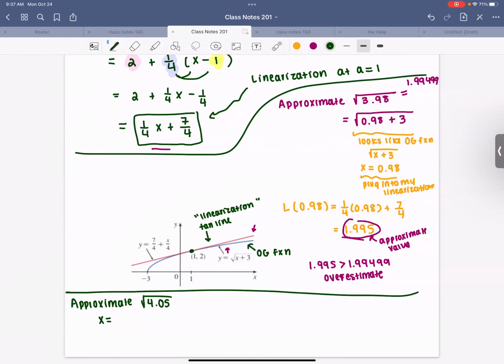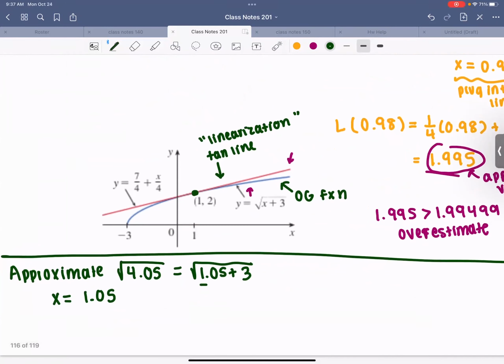Not just 0.05, but 1.05. It's plus 3, not plus 4. Oh. You're good. Okay. The way I got that is I know that 4.05 is 1.05 plus 3. Now that I know this looks like my function, x would be 1.05 and 3 is part of my function.